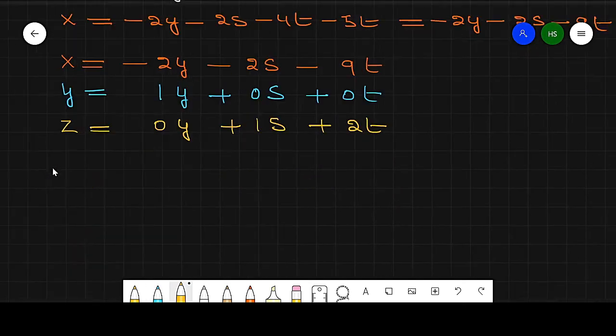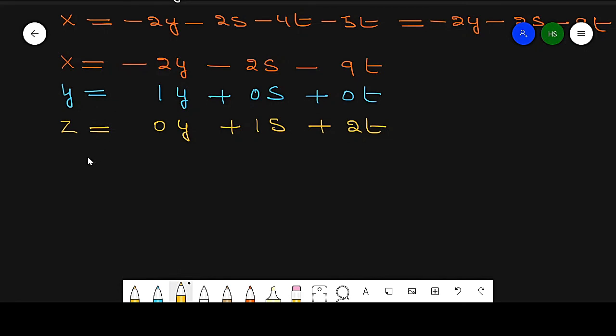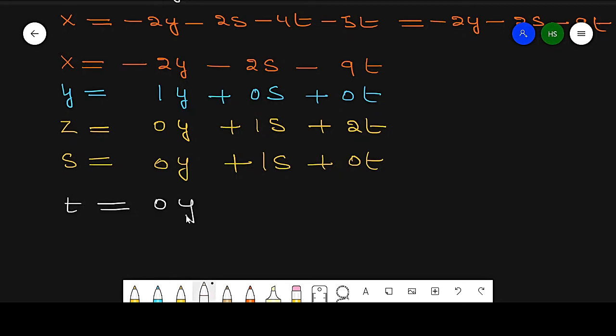Next is s, which can be written as 0y plus 1s plus 0t. Next is t, which can be written as 0y plus 0s plus 1t. So the equations can be written in this way.